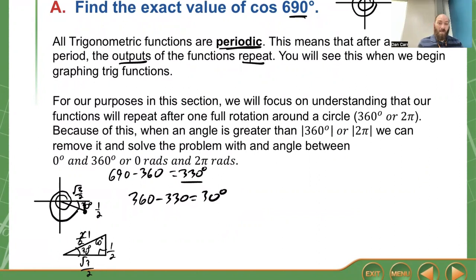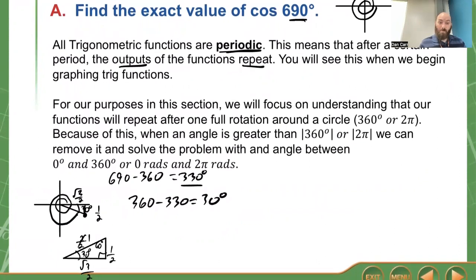Okay, so what that means is the exact value of cosine of 690. Since 690 is in the same position as 330, and I can create this triangle here, that point on the graph is going to be, I'm just going to make it a little bit easier when I draw my reference triangle over here.